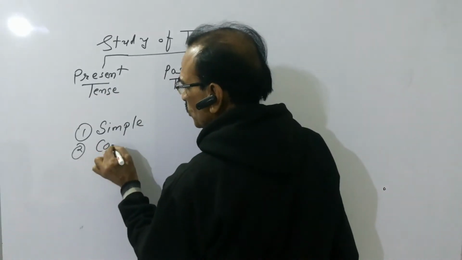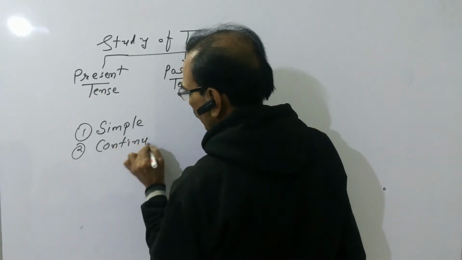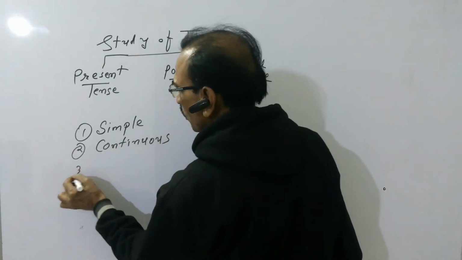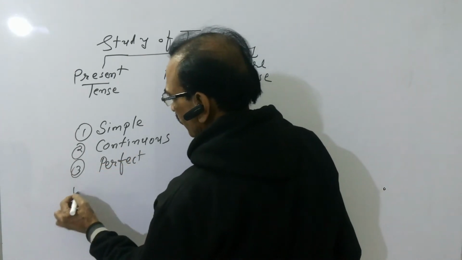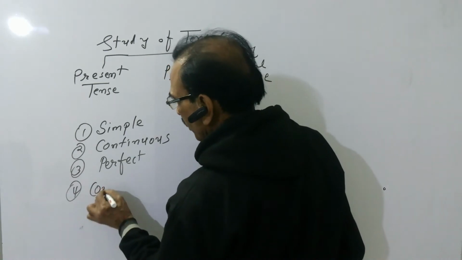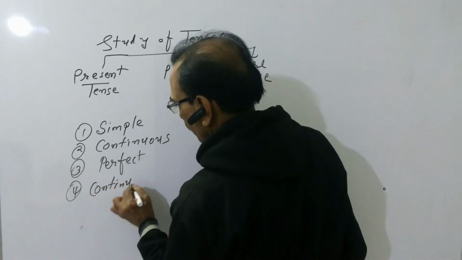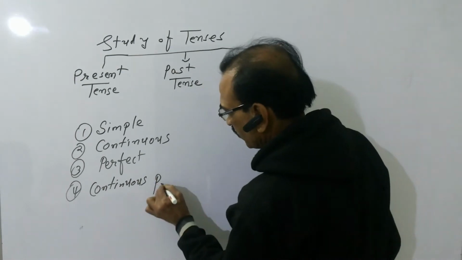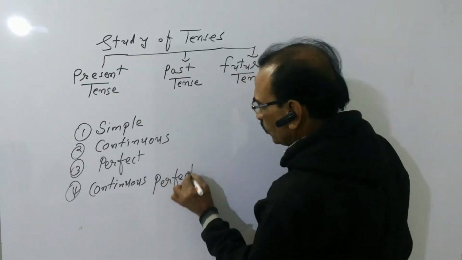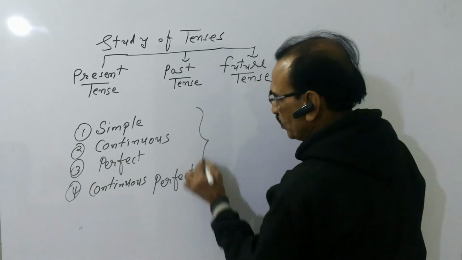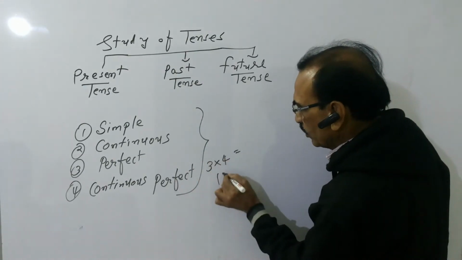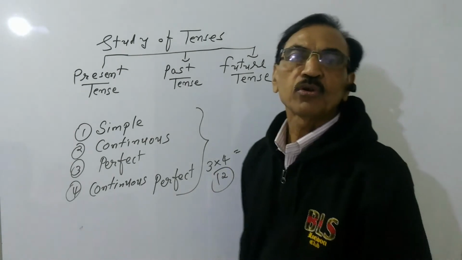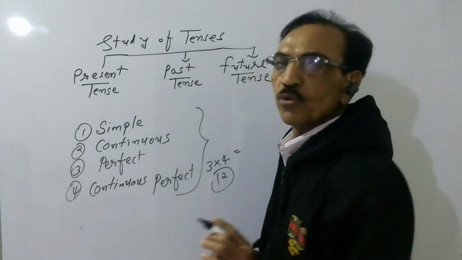They are known as simple, continuous, perfect, and continuous perfect. Three main tenses, four subcategories. So 3 multiplied by 4 is equal to 12. So in the English language there are a total of 12 tenses we have to learn.